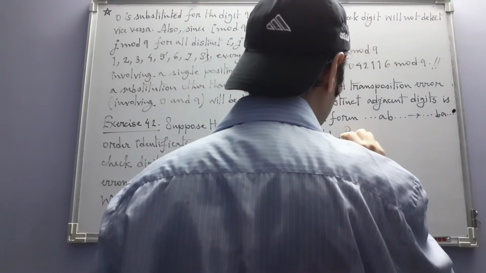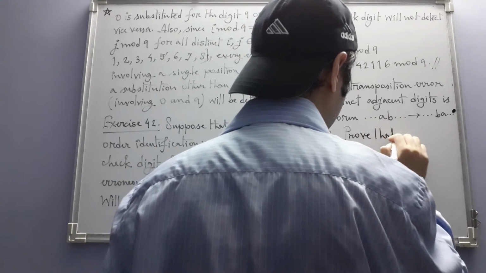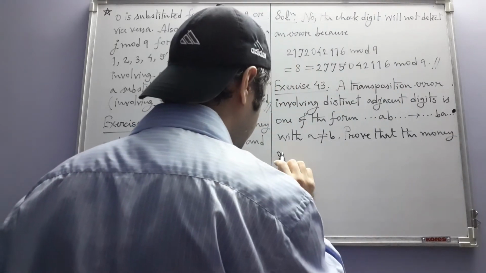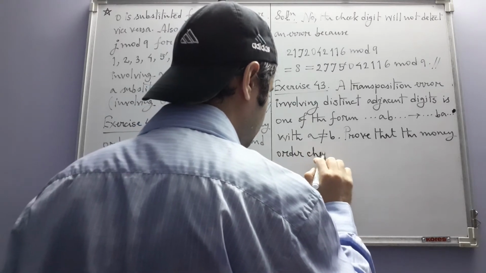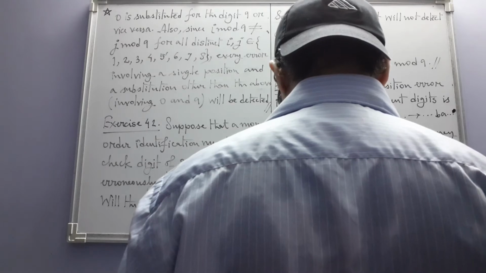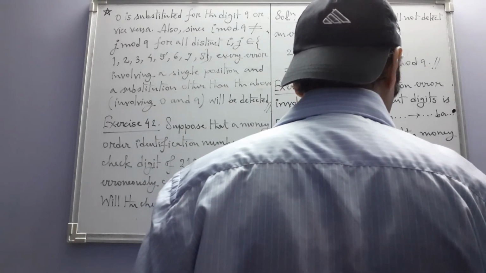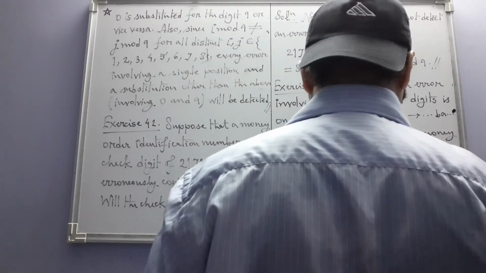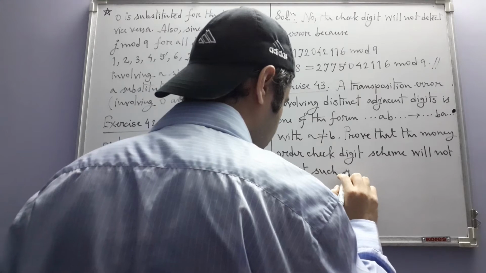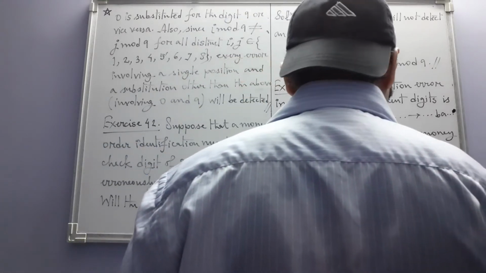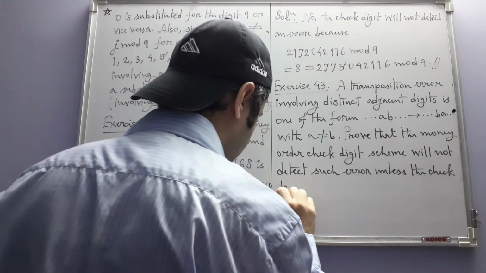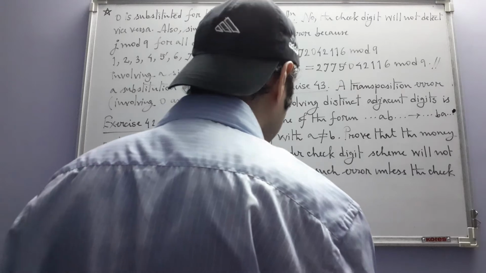Prove that the money order check digit scheme will not detect such an error unless the check digit itself is transposed.